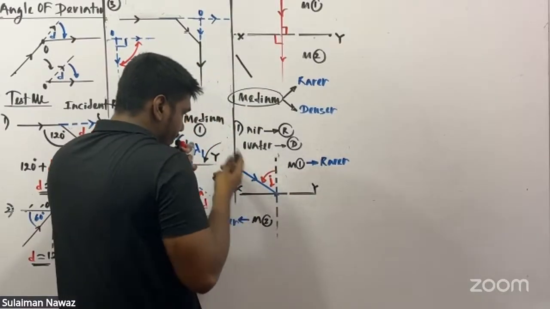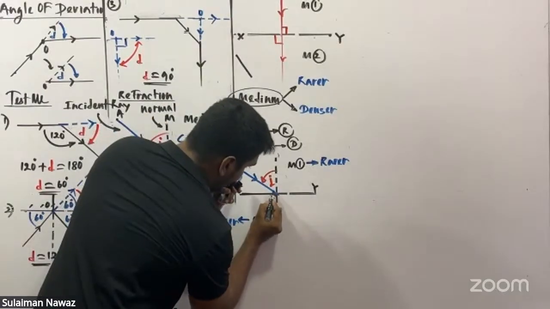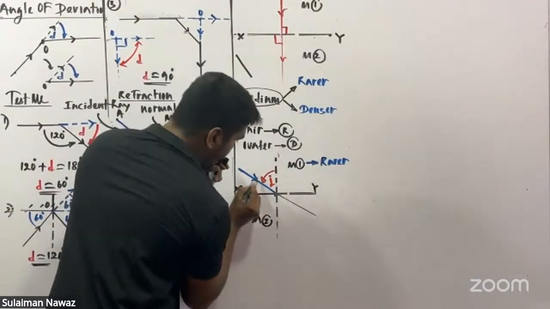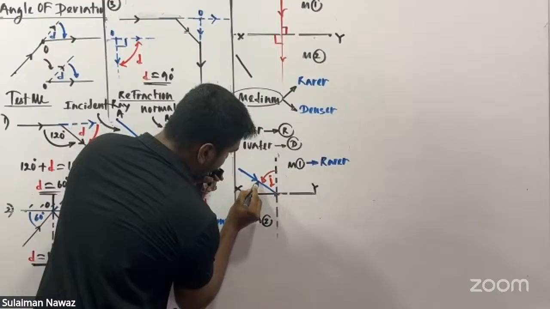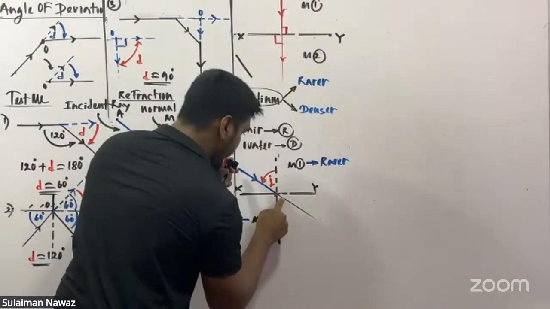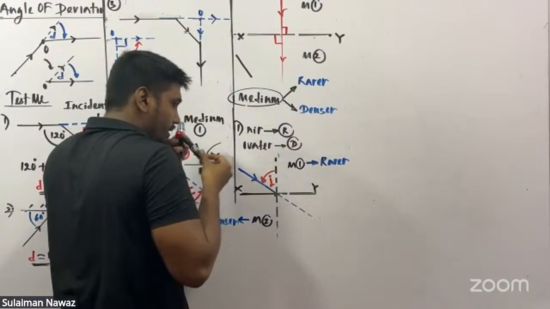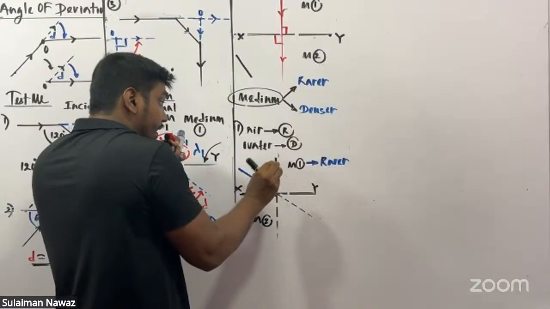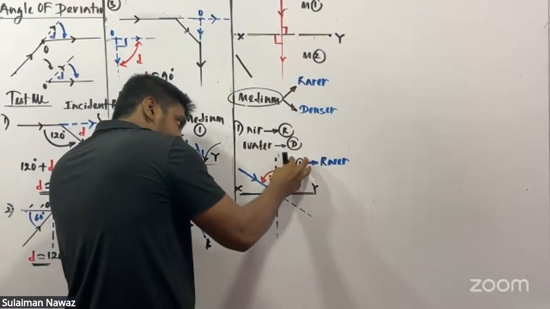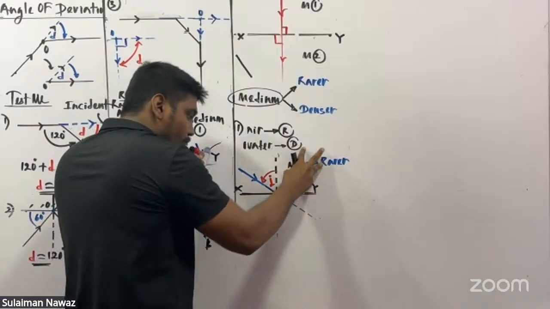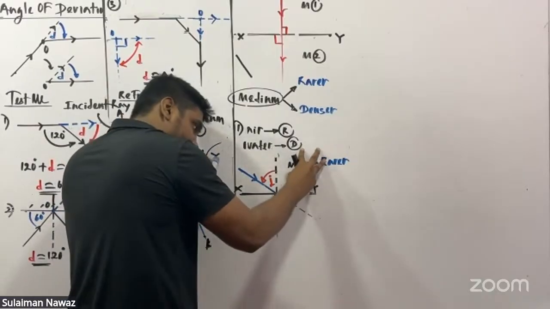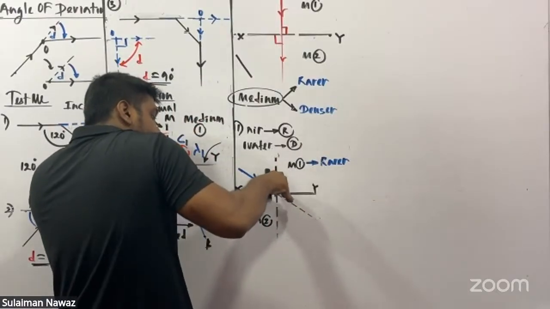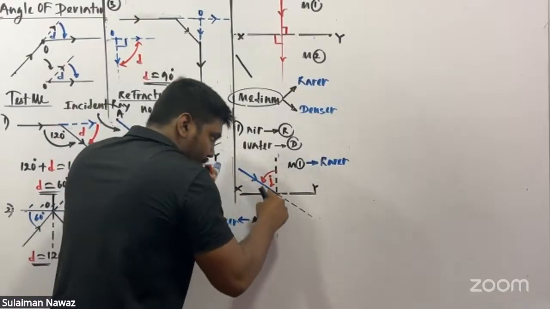If there is no second medium, the initial direction of the light is this direction. Remember, you must learn this by heart: if a light ray enters from rarer medium to denser medium, from high speed medium to low speed medium, from low density to high density, the light ray should bend towards the normal.